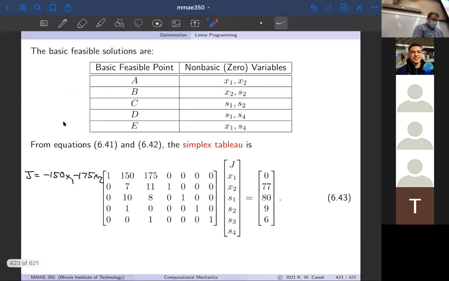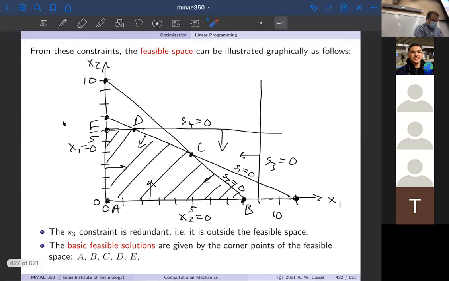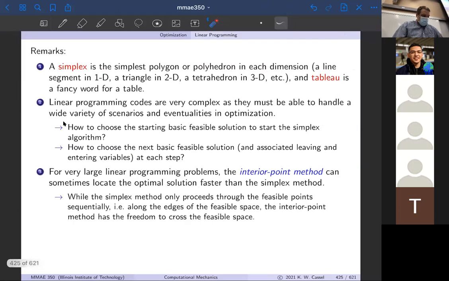It requires additional smarts, but it could say, well, if I start at A, rather than going to B and then to C, what if I just had some way of going directly to C? Well, that would halve the amount of time it takes to get the solution. That sounds good. So that's the idea, and the interior point method allows you to do that. In some problems, that may be faster, but it requires some additional intelligence in the algorithm itself. So it may or may not be faster, but it has the potential to be faster.